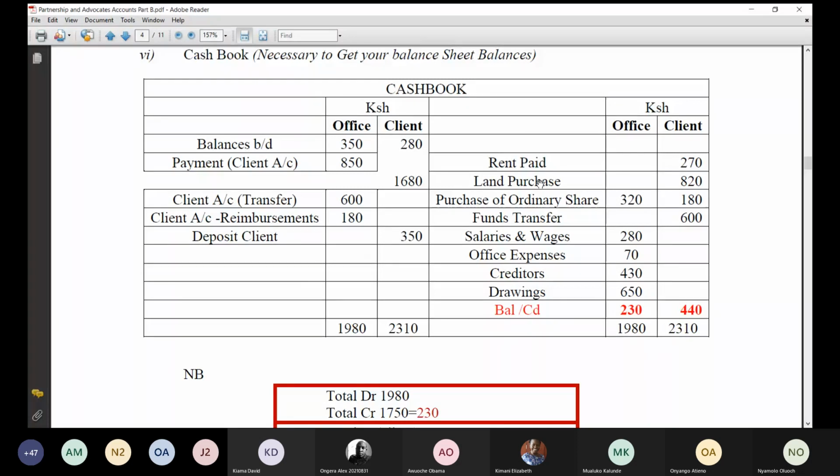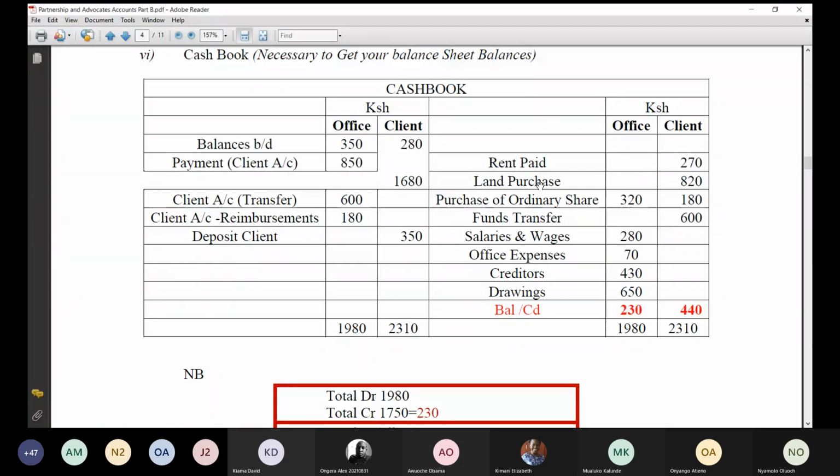And for us to be able to do the cash book, the first thing that we need to do, they are the balances that we must bring down. And the balances that we are bringing down, we have already been given in the balance sheet.